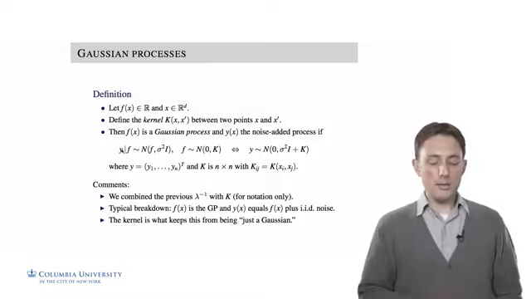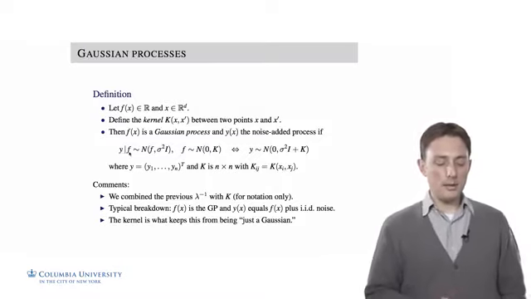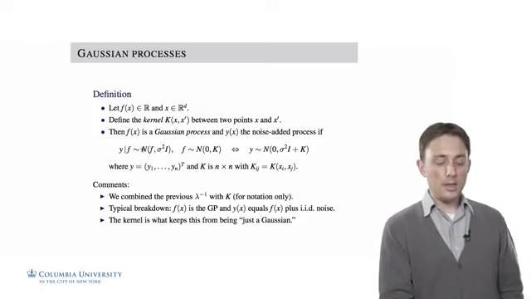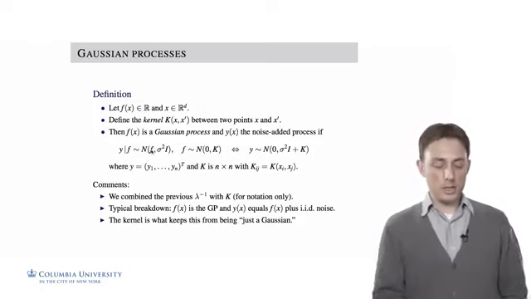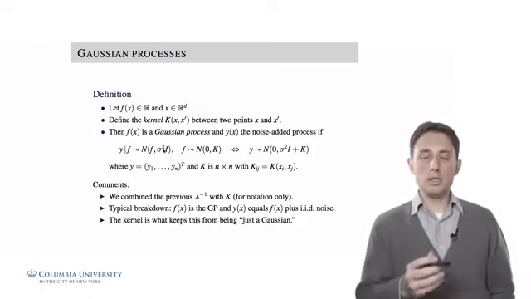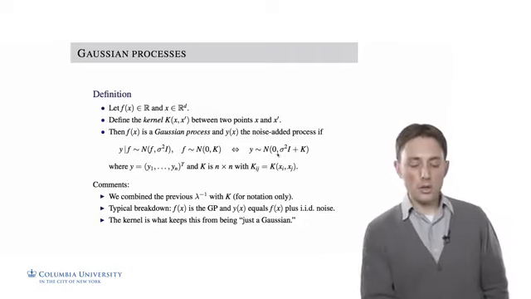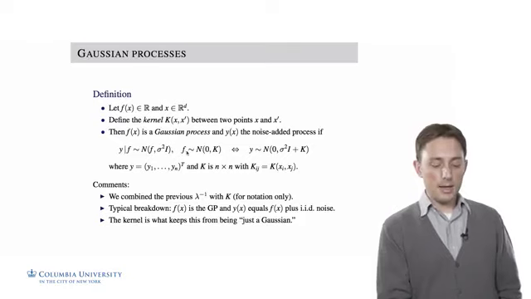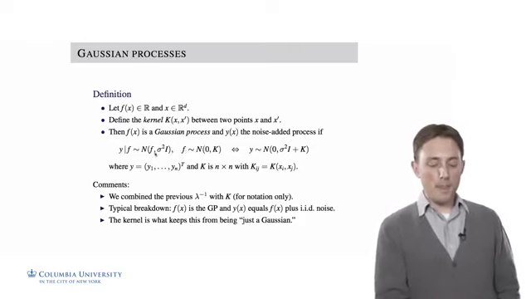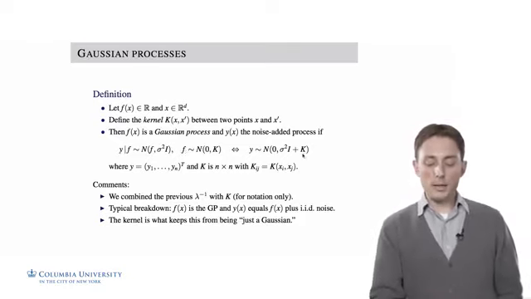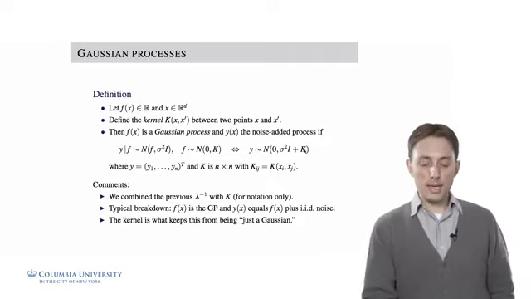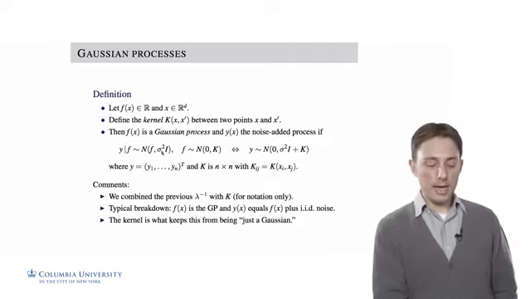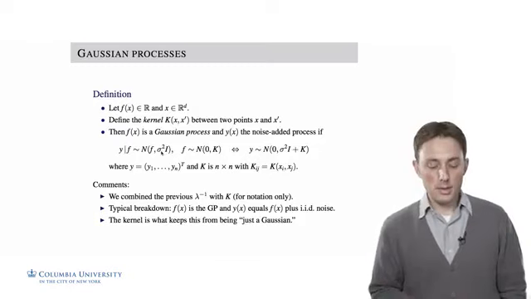And then the noise added process, given the function f, is simply a process where we take the function and add IID noise to each of the dimensions. So notice that actually these two things are equivalent, that if I integrate out f, I can actually generate y in this way, where I take my original covariance and I add the two covariances together.